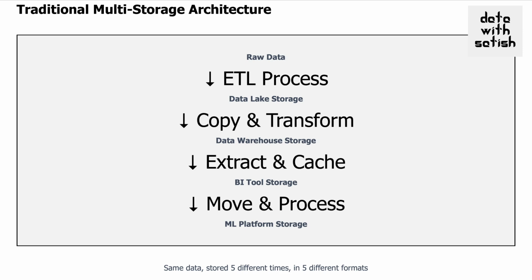Same data stored 5 different times in 5 different formats, each copy consuming storage, each sync creating lag, each version potentially inconsistent. This is the multi-storage architecture we have been living with for years. And it's expensive, complex, and fragile.